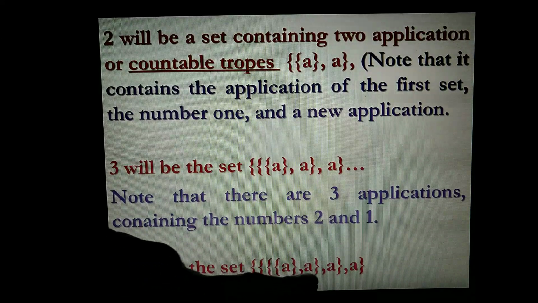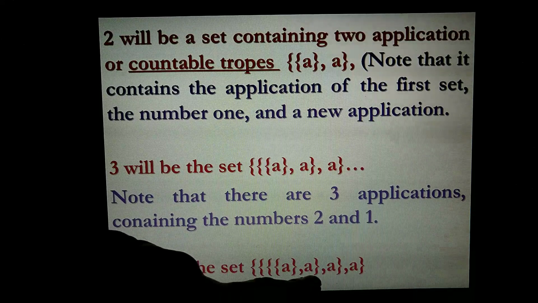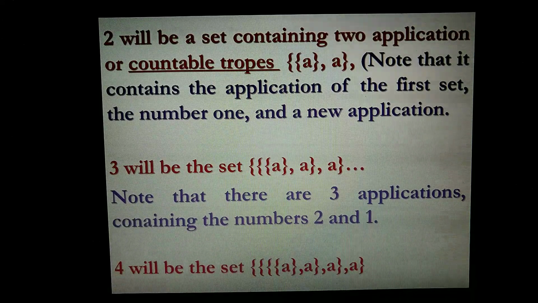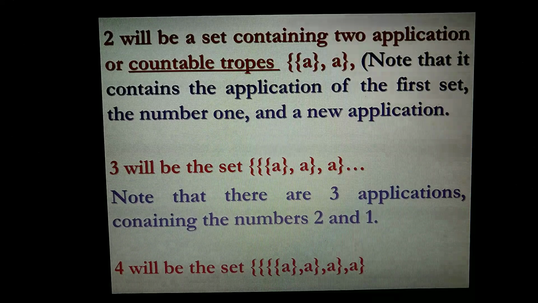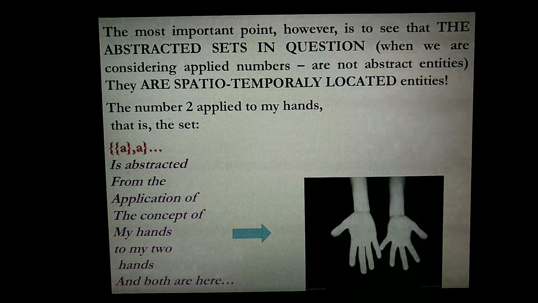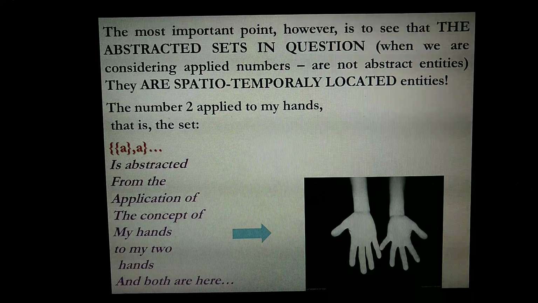4 will be the set A contained in the set A1, A2, A3. So, the most important point, however, is to see that the abstracted sets in question, when we are considering applied numbers, are not abstract entities. They are spatial-temporally located entities, also tropes.